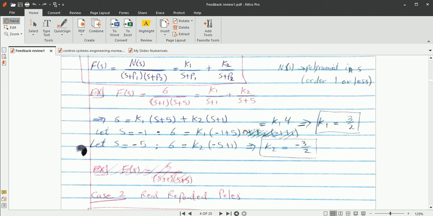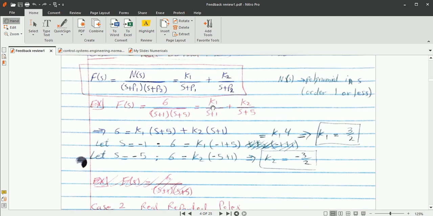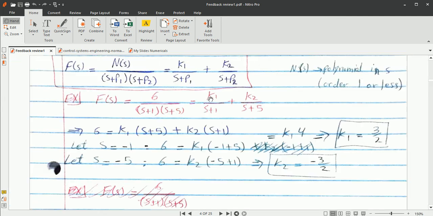You want K1, what will you do? You have to make its denominator 0, make s plus 1 equal to 0.